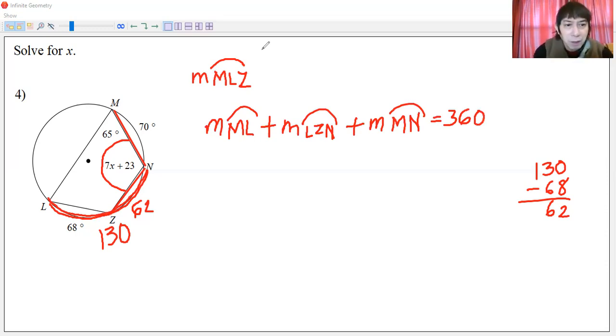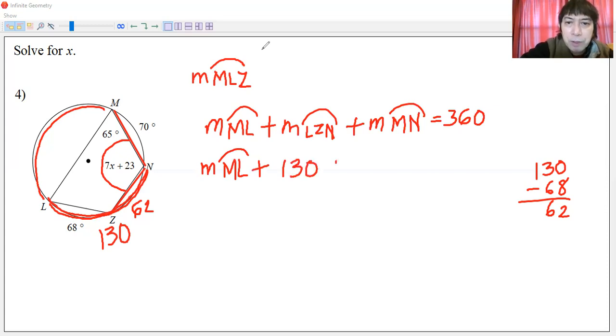ML, which is this, plus 130 plus the 70 is already one full circle. So this will be ML, that's the unknown, plus LZN, that's 130, and we don't need a 62. So this is 130. This will be shorter.